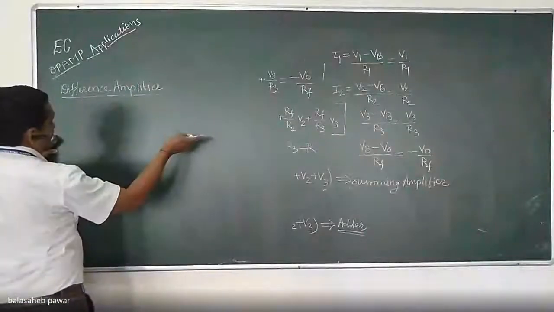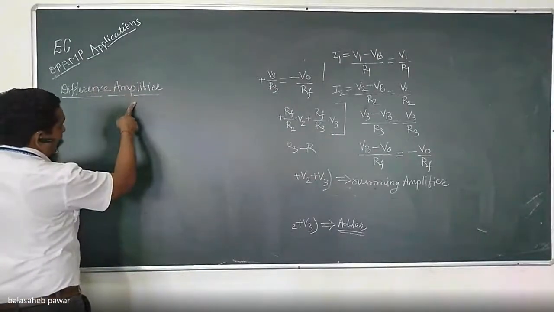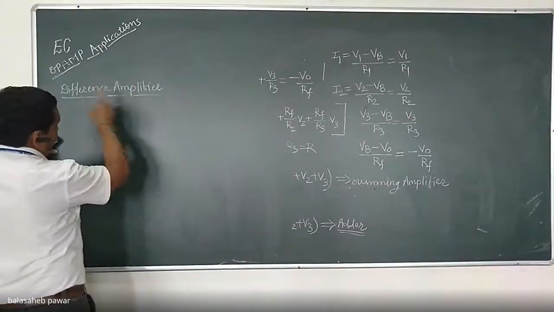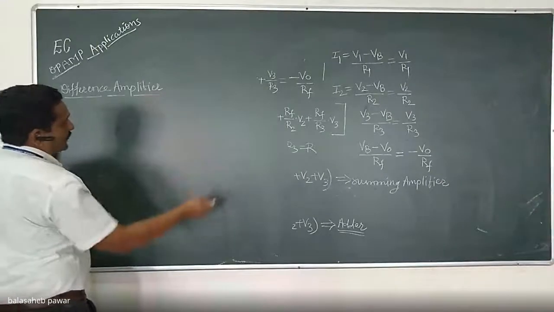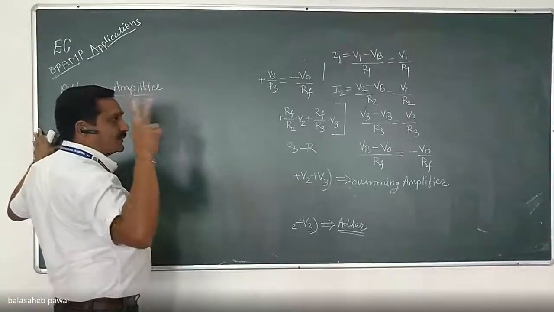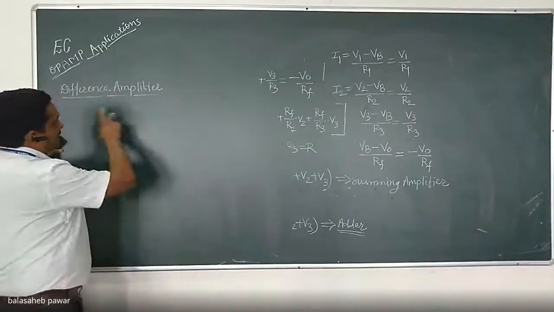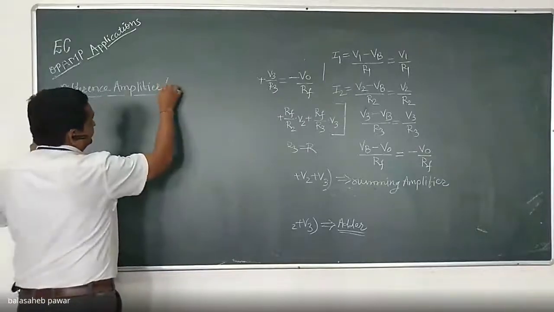If the output is the difference times an amplification, then it is known as a difference amplifier. If the output is only the difference of the two applied input signals, then it is known as a subtractor.